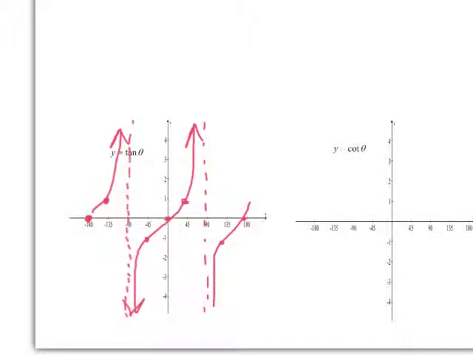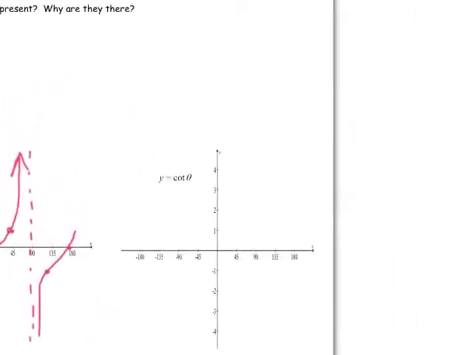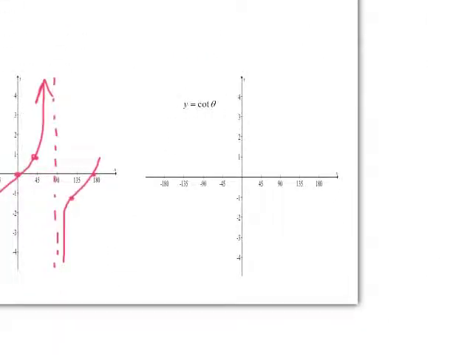Alright, if we do that same thing with cotangent, so plot these points, we would get undefined at negative 180, undefined at 0. It's usually easier to start with the undefined, and positive 180. And then I also had negative 135 as negative 1. I'm sorry, that's not right.